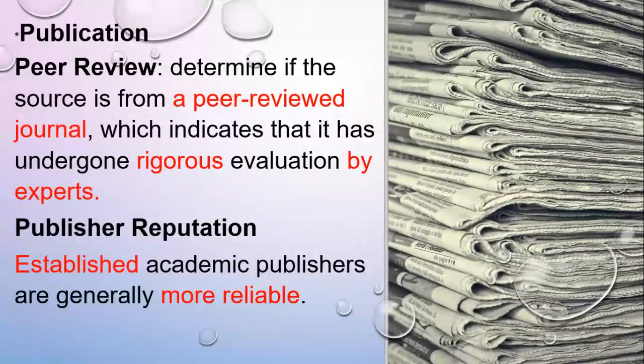And this is a repeated point: the publisher reputation, and we mean here the publishing institution, whether it is reputable, famous, or an established academic publisher, will make your sources more reliable.